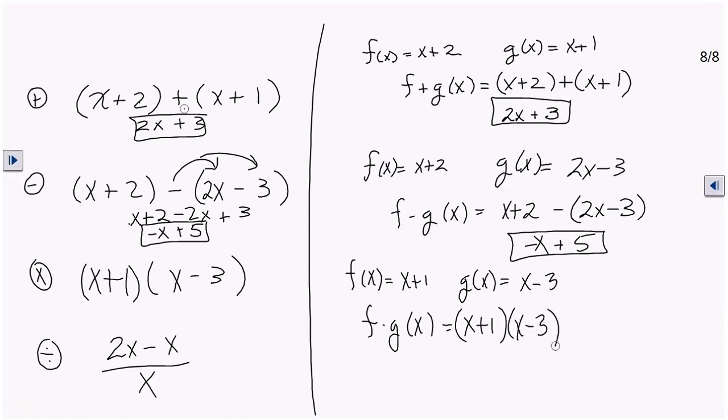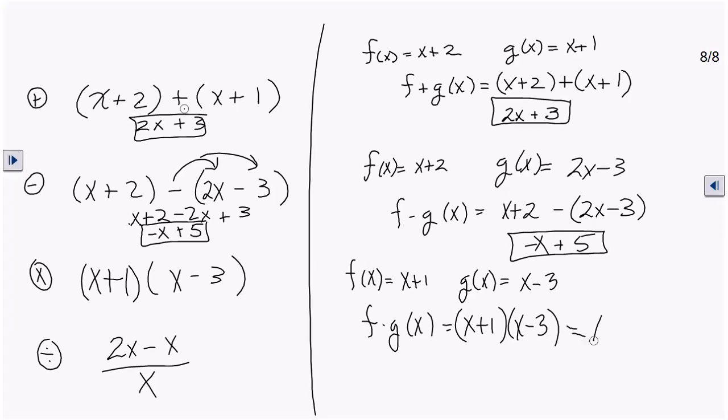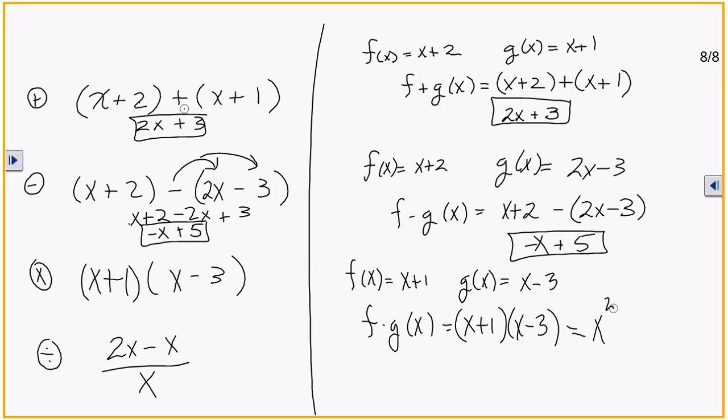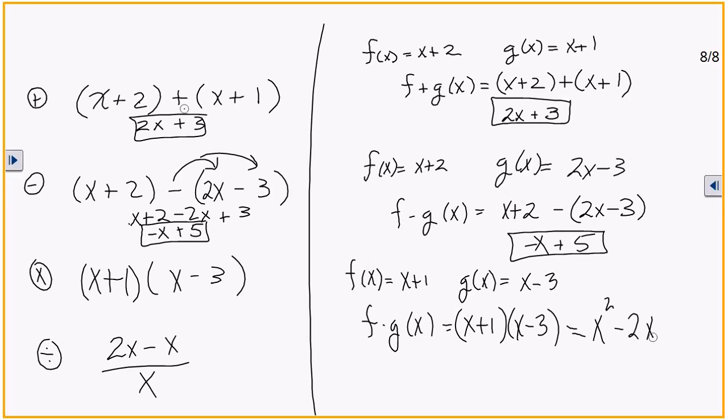And here you use your FOIL method or you use your distributive law. Whichever one you want to use is fine. X squared, negative 3x plus x is negative 2x, and positive 1 minus 3 is negative 3. And these are not the same problems we did in the previous. I just made some more up.